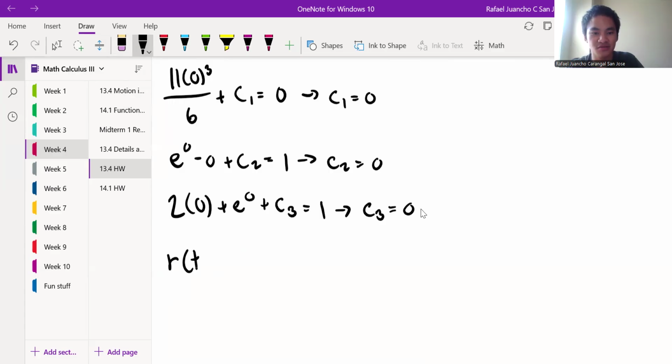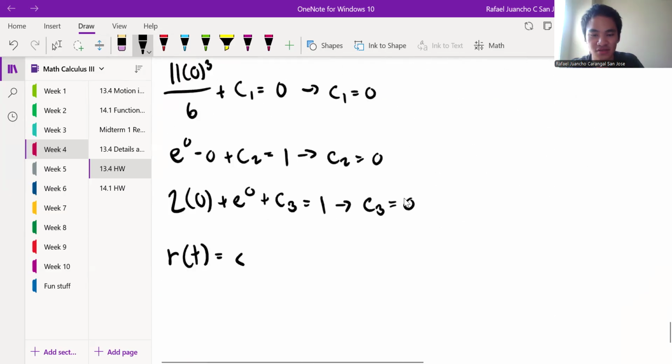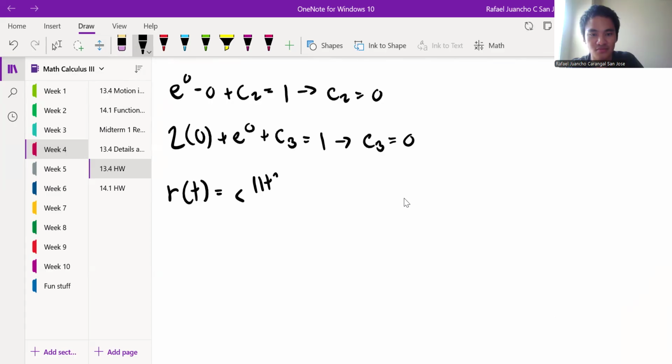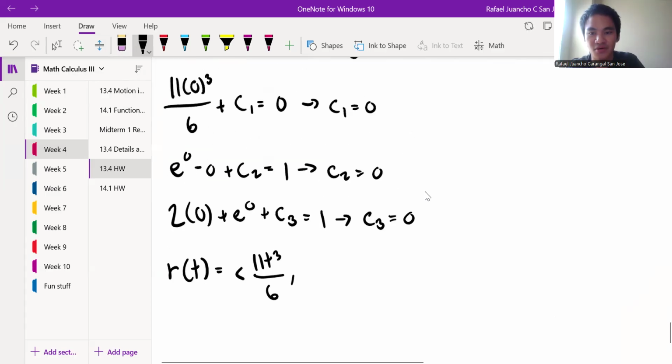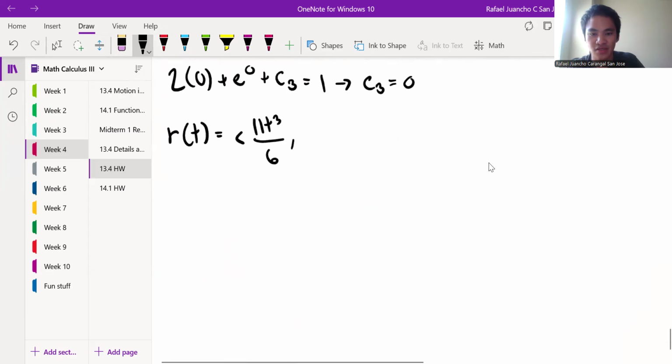So my r of t is just these guys without the constants. 11t cubed over 6, comma, e to the t minus t, comma, and then my 2t plus e to the negative t.